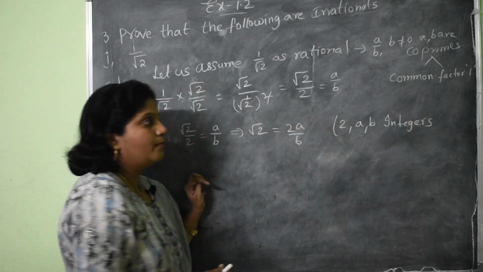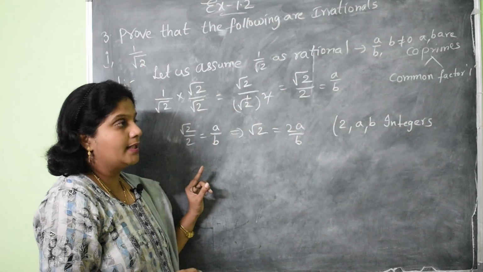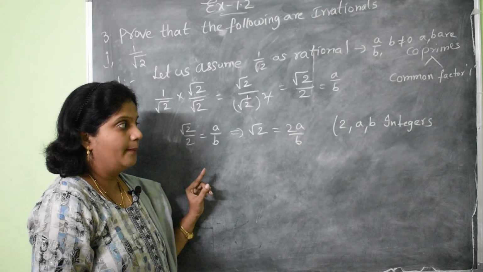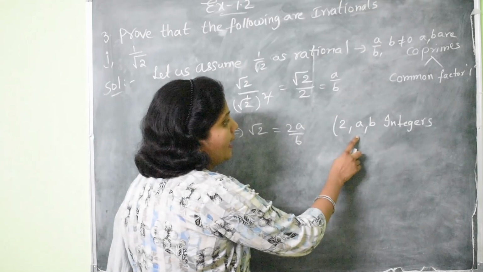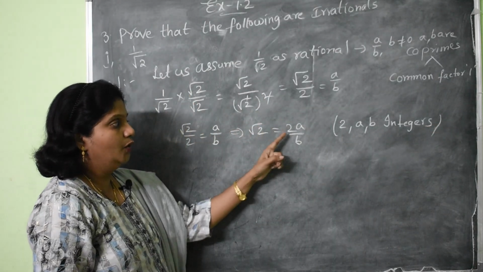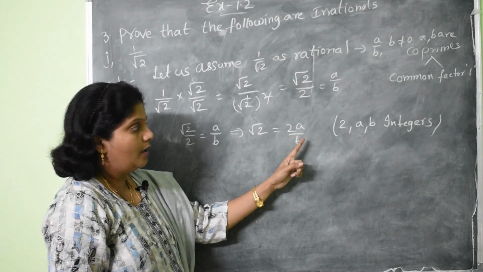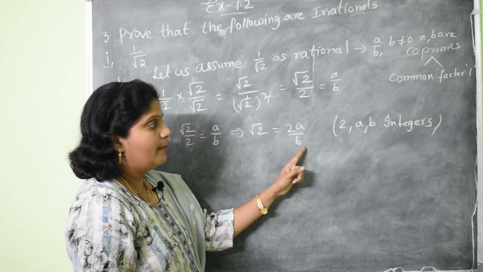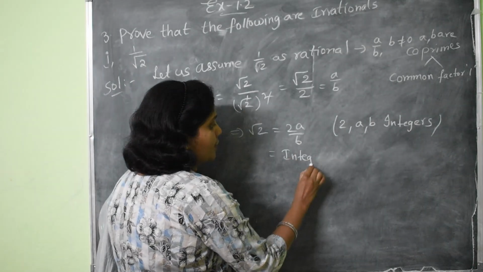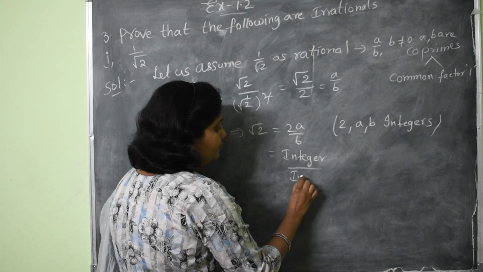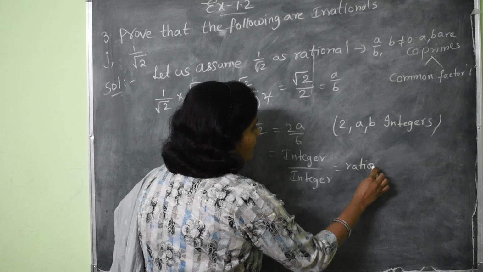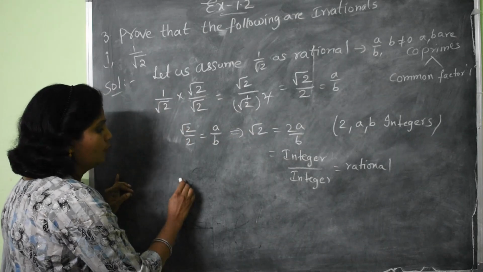Co-prime numbers can be prime numbers or composite numbers. That will come under whole numbers only. So positive and negative. 2A, B. Positive, negative and 0 are integers. So 2A, B: these three are all integers only. So integer by integer is rational. So integer by integer is what? Rational. Integer by integer, we got what? Rational only. So what we got here, root 2 is rational.